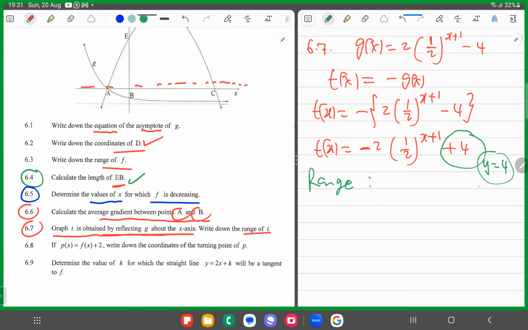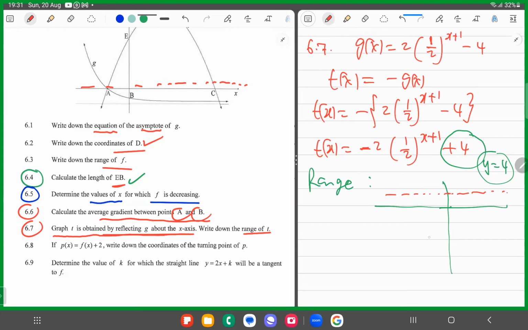So if y equals 4 is a horizontal asymptote, it doesn't cut that one. So the graph of that would be that you have this, you have that. Right, so you have that.